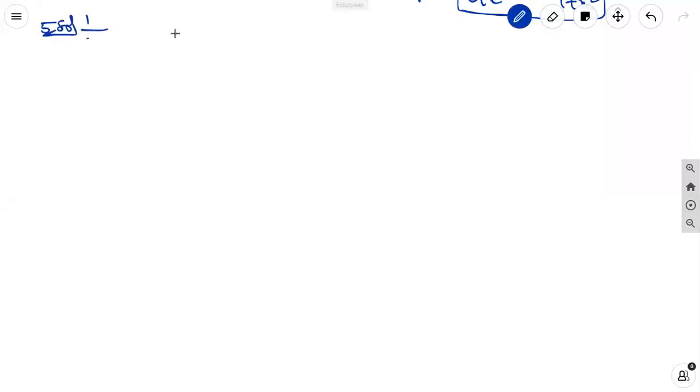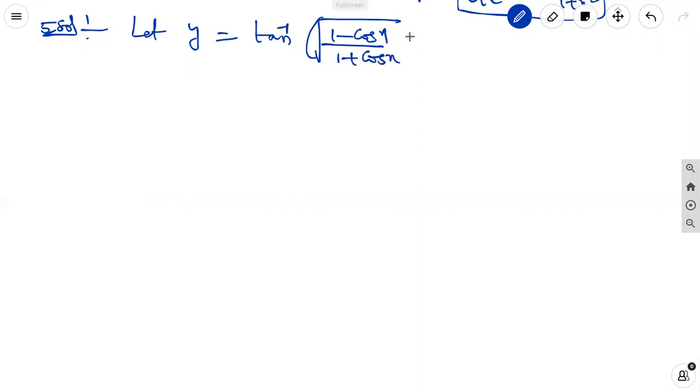Fifth solution. The given problem is, let y equal to tan inverse of under root of 1 minus cos x by 1 plus cos x. Here we can first of all simplify the under root term, 1 minus cos x by 1 plus cos x.